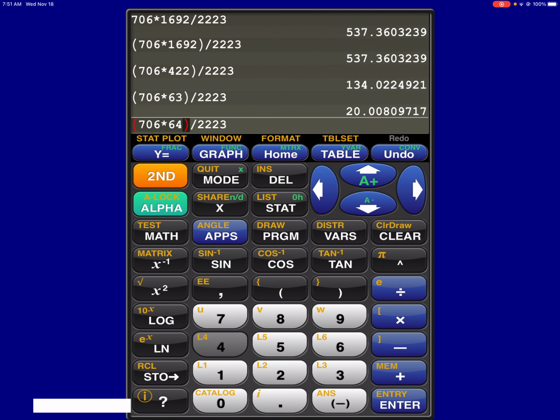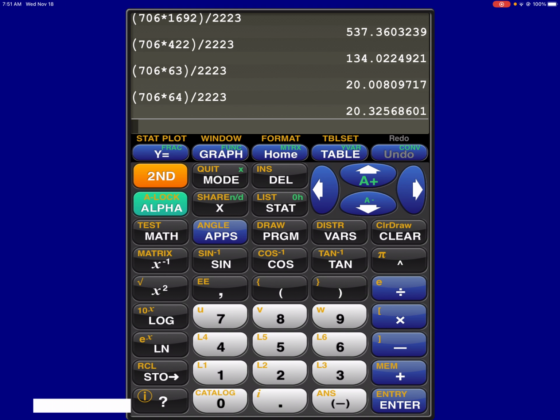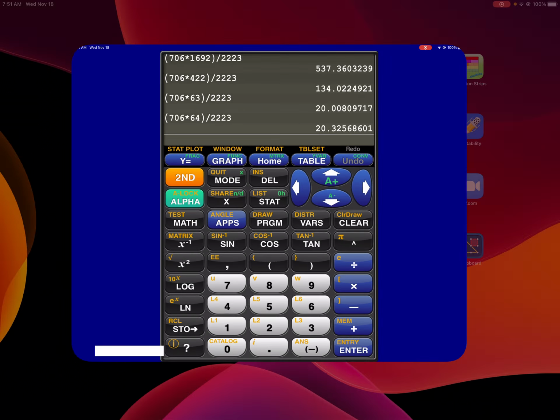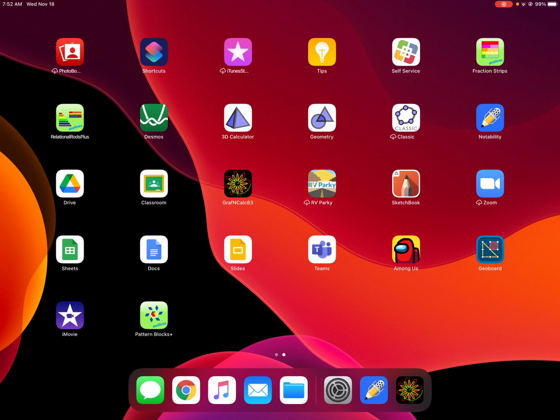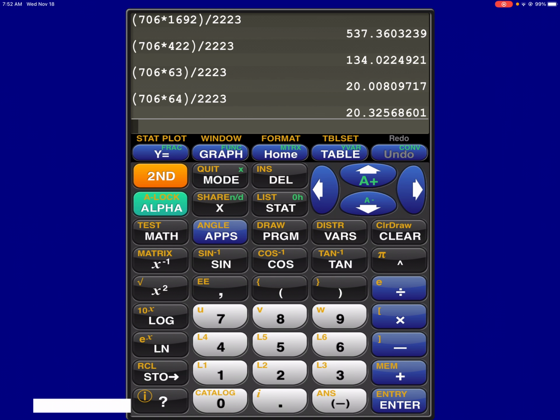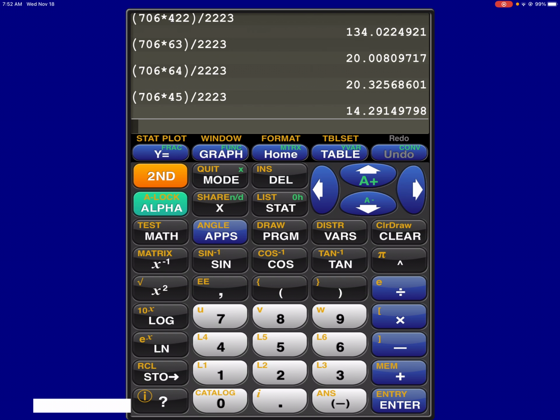You do want to use the right values. So 20.3233. And then finally the girls, so we're going to do 706 times 45, all divided by 2223. So 14.29.